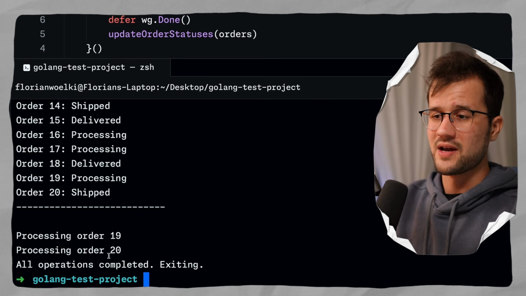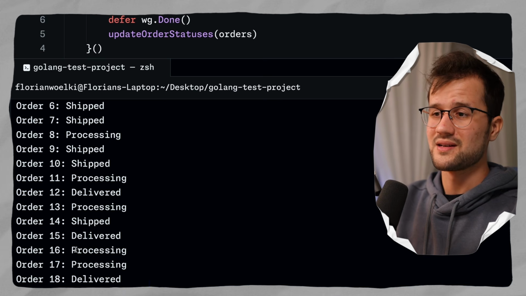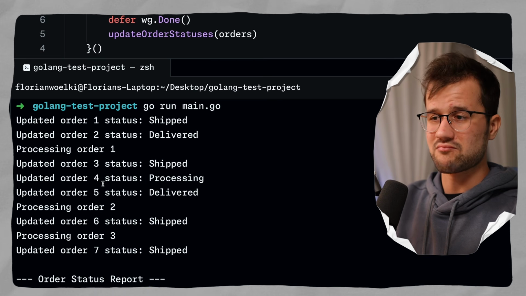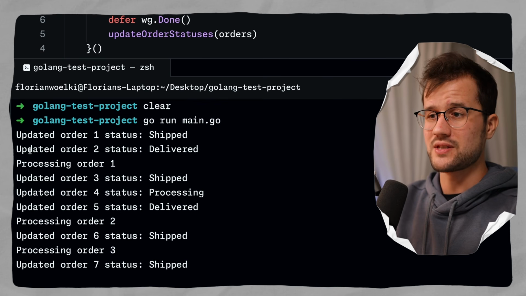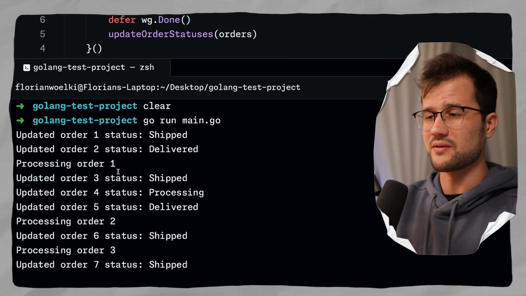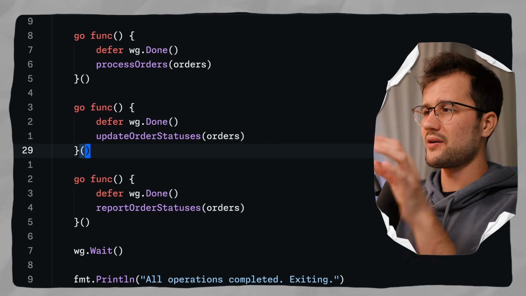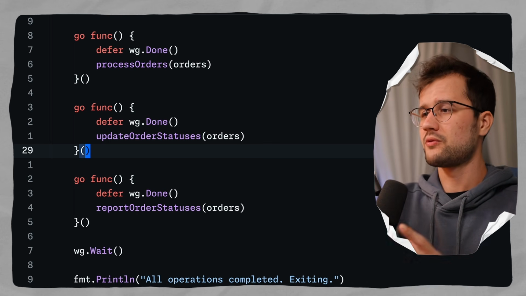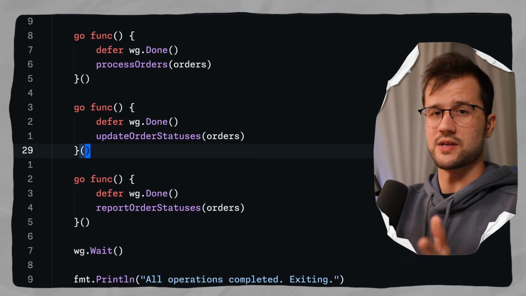So we see, for instance, that the 20th order is actually processed in the end, right? And in between we have a few print statements, and we actually start with updating the order 2 times, right? And then processing the order and so on and so forth. All right, so in the end, a WaitGroup is pretty cool to synchronize different Goroutines.